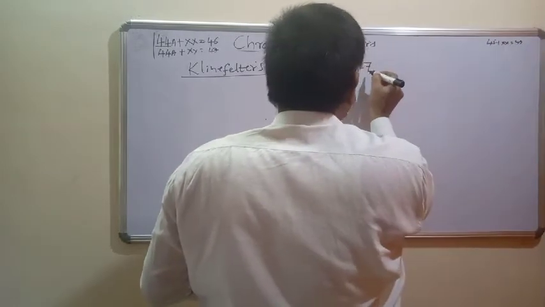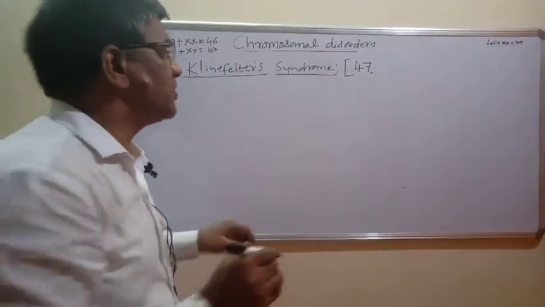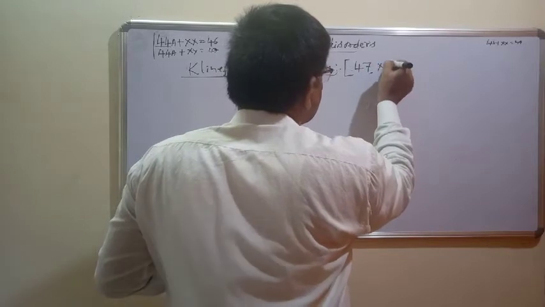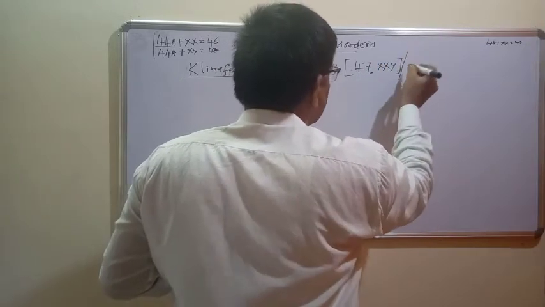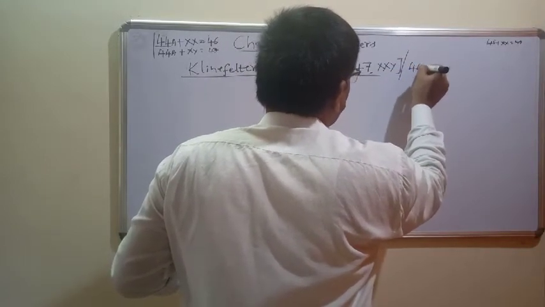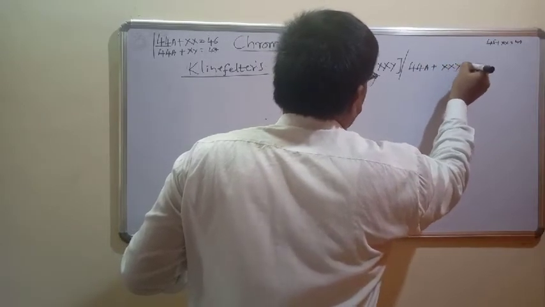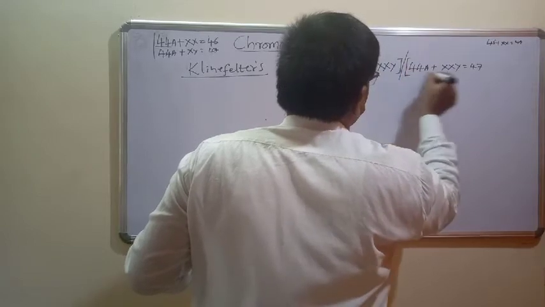But here, how has it become 47? Where has the chromosome number changed, where has the chromosome increased? 47 with X, X, Y. In this way you can write it, or to make it still clearer, you can write 44A plus X, X, Y is equal to 47. This is very, very clear for the people.